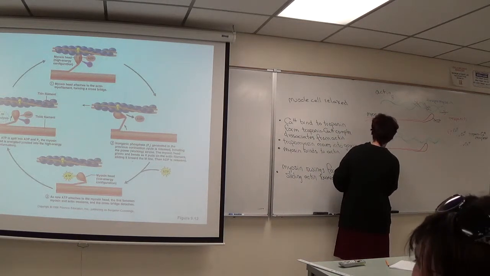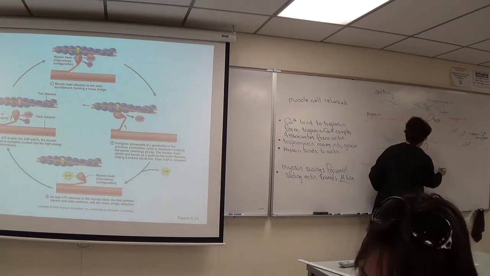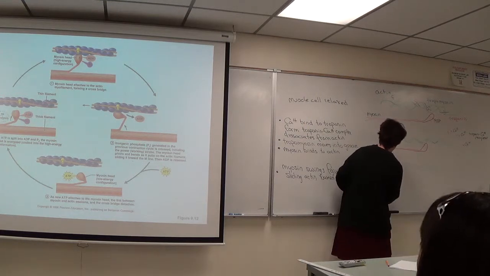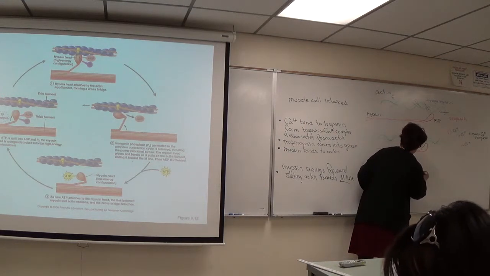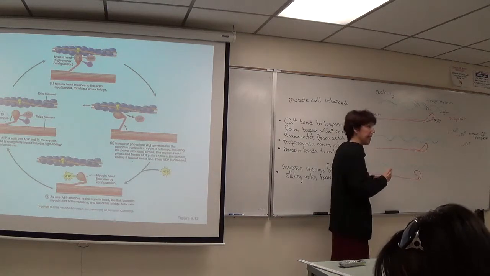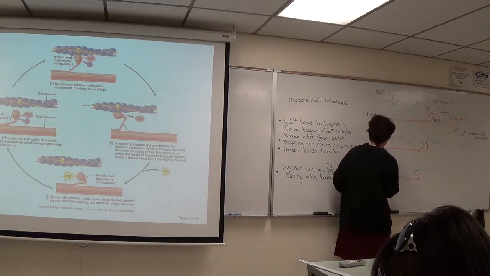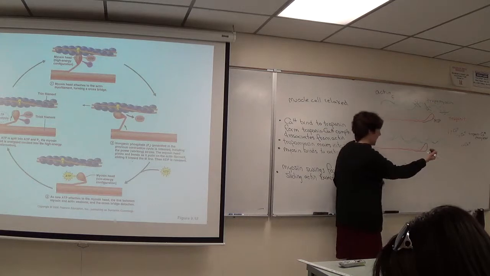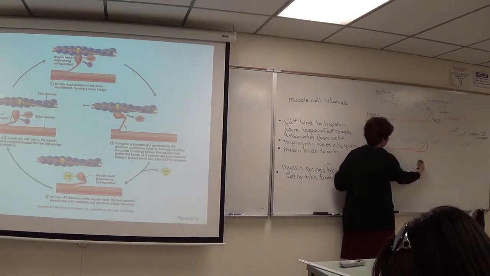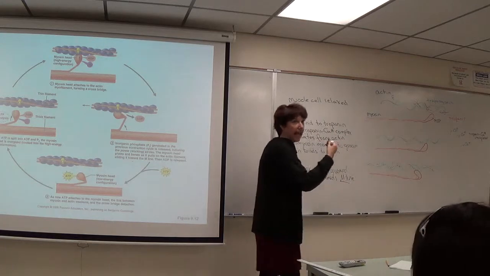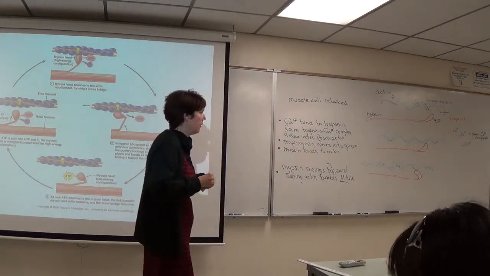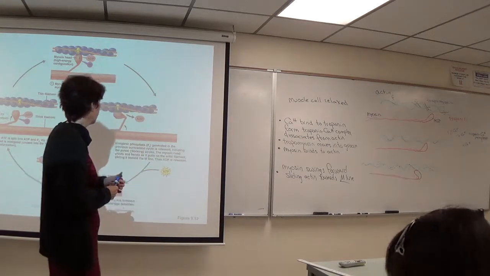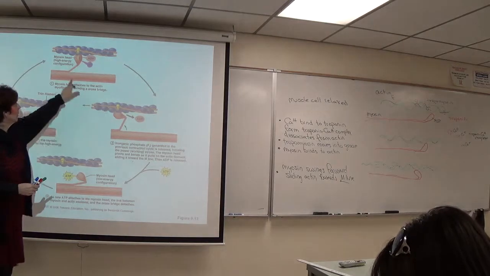So I'm going to move the actin over here slightly. Notice how the position of the myosin head changes. It is now in this position, and in so doing, it's pulled the actin, slid the actin towards the center of the A band. So on this diagram, that's what we're seeing right here, 1 to 2.